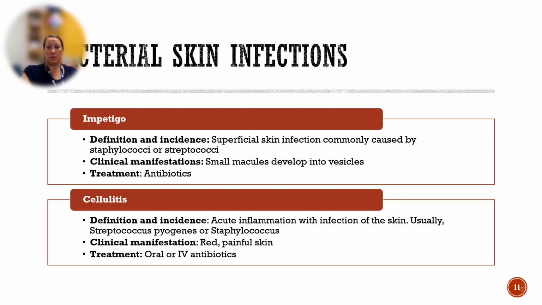Cellulitis is a rapidly spreading acute inflammation with infection of the skin and subcutaneous tissue that spreads widely through the tissue spaces. Clients or patients, I like to use the word patients, at increased risk for cellulitis include older adults and people with lower resistance from diabetes, malnutrition, steroid therapy, and the presence of wounds or ulcers.